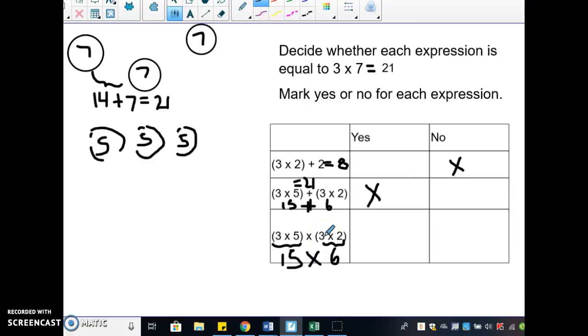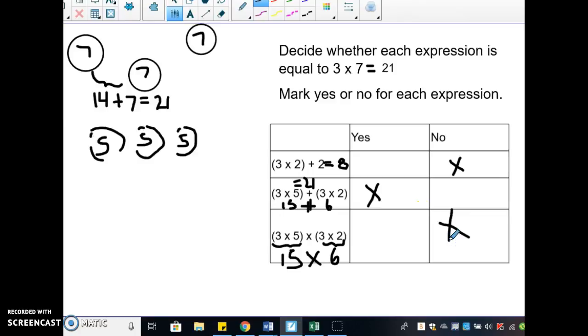So 15 times 6, yeah, that would be way more than 21 because it's 15 equal groups of 6. So definitely, I'm not going to even solve that because I know that number is going to be way larger than 21. So I'm going to say no.